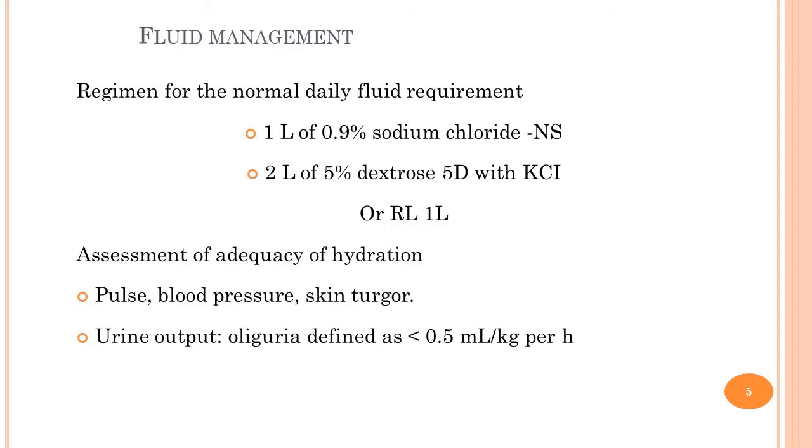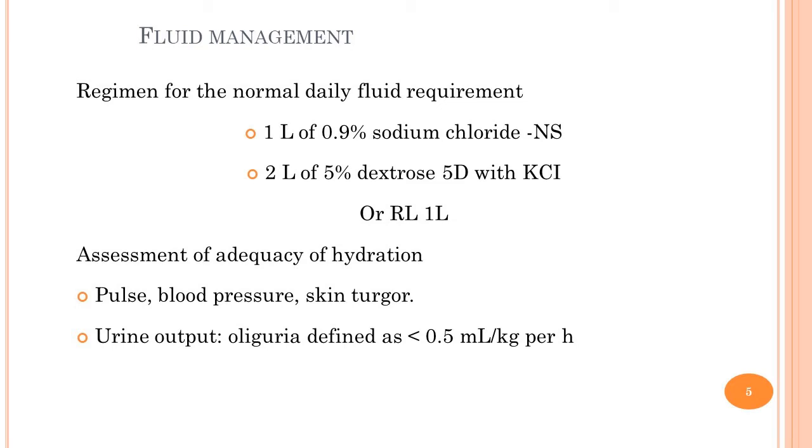So during the post-operative period, an individual may require approximately 1 liter of normal saline, 1 liter of dextrose 5%, and approximately 500 ml to 1 liter of Ringer's lactate. The assessment of hydration is done clinically with the help of pulse, blood pressure and skin turgor.